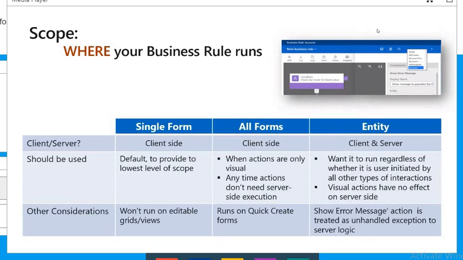Some other considerations around the limitation of a single form. If you want the business rule to run on an editable grid or view, you'll need to use another option like all forms because it won't run on a single form. Given that any entity could potentially have a number of different forms, right? There's the main form, the information form, quick create form, the Outlook form.